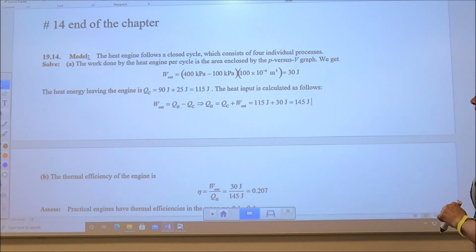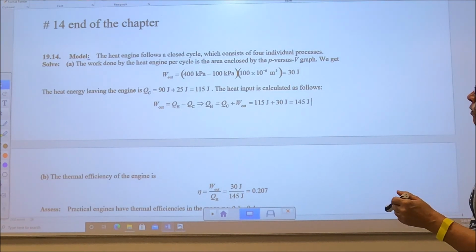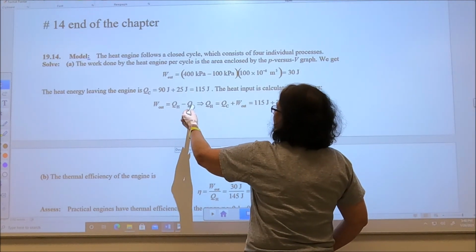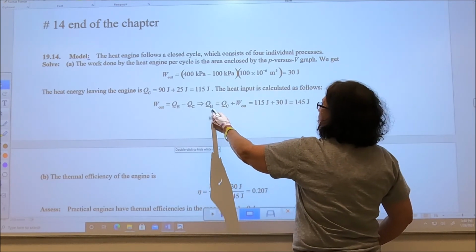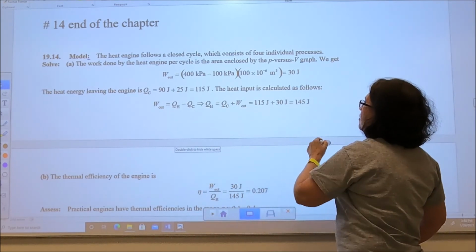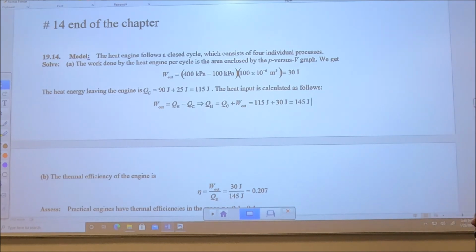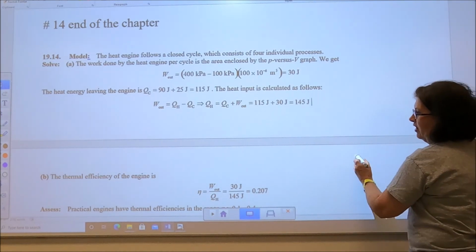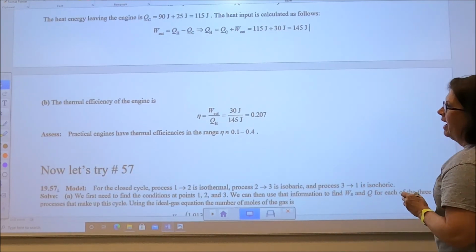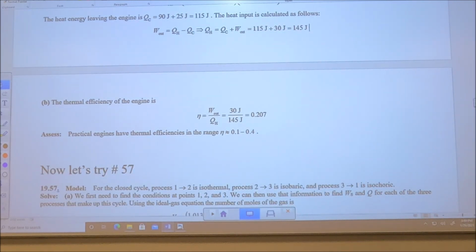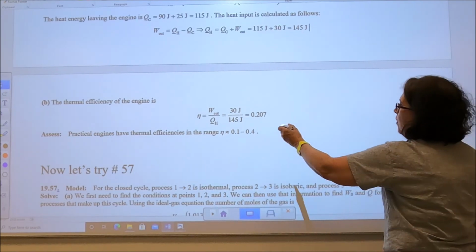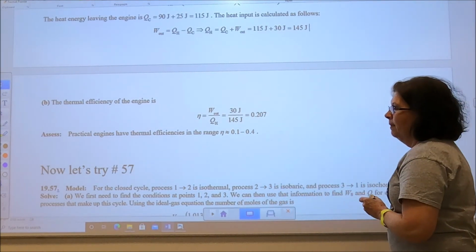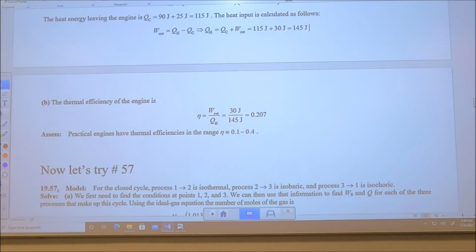The heat input is calculated: work out is equal to QH minus QC, or QH equals QC plus work out, or 115 joules plus 30 joules, 145 joules. The thermal efficiency is equal to work out divided by QH, so 30 divided by 145, or 0.207. Okay? Practical engines have a thermal efficiency between 0.1 and 0.4, so it's possible.